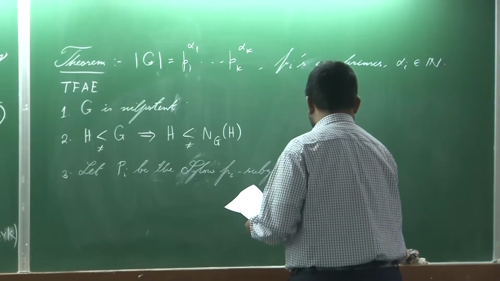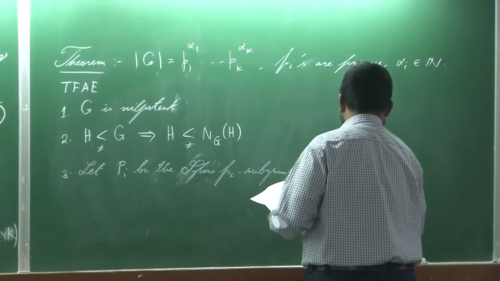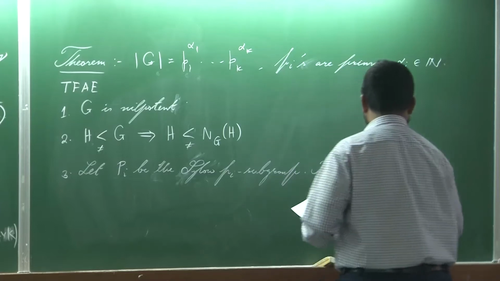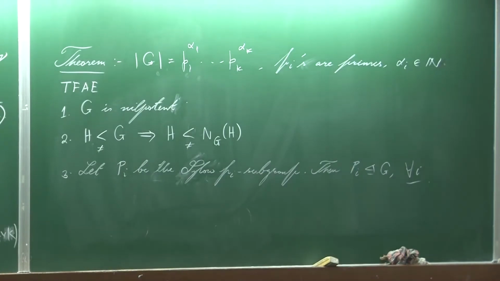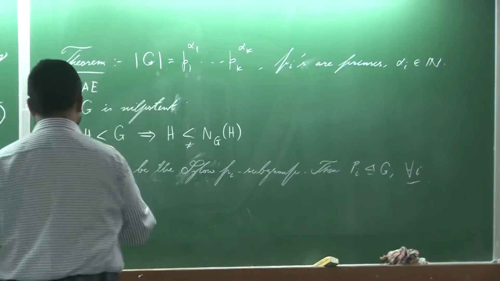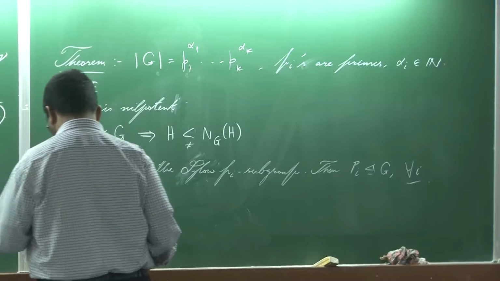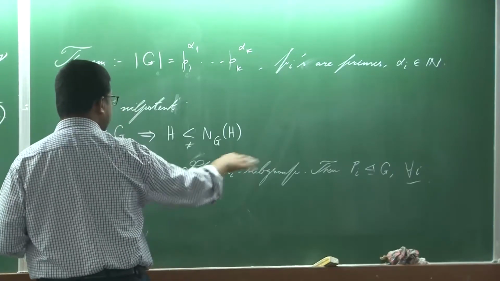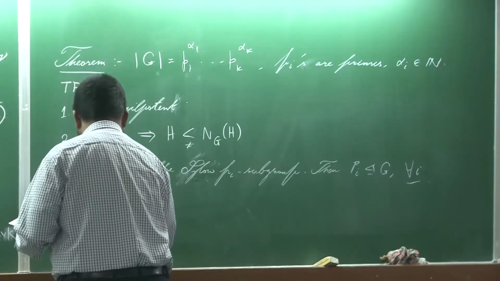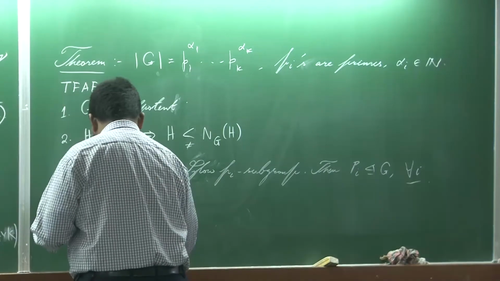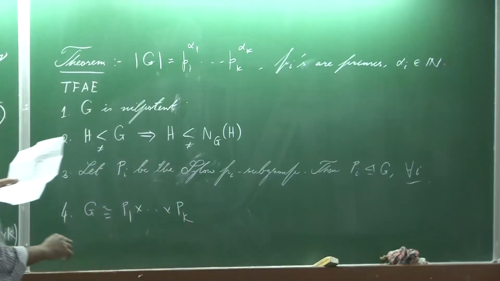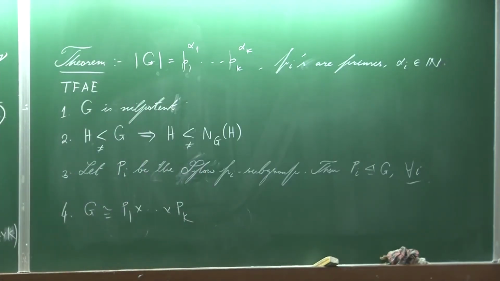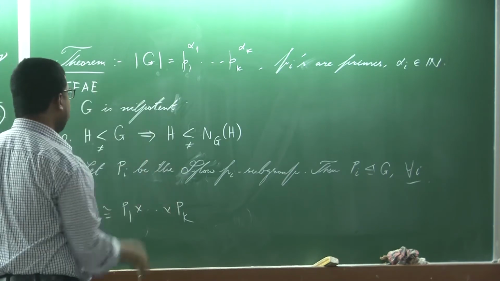Then Pi has to be normal for each i. So the third condition says that all Sylow subgroups are normal. The fourth one says that, retaining the notation from the third condition, G is isomorphic to the direct product of all Sylow subgroups. We are going to prove that these four conditions are equivalent.